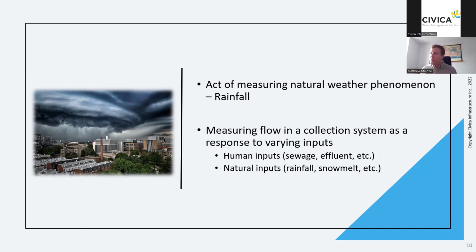When we're talking about flow monitoring, we're measuring flow, or we're measuring a response to inputs. So, when we talk about a collection system, when we're talking about wastewater systems or storm sewer systems, there's various inputs. We can call them human-derived inputs, whether that be sewage or some sort of effluent.